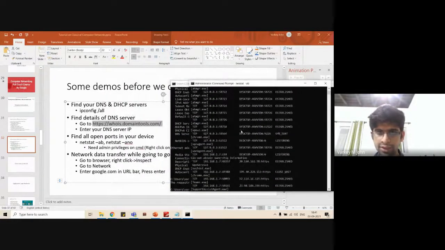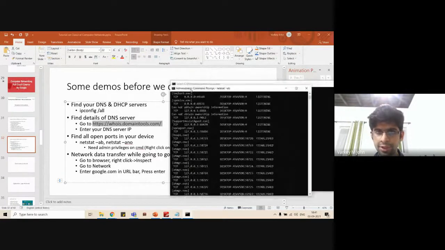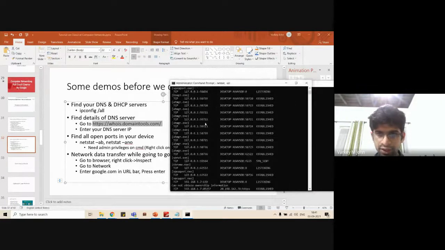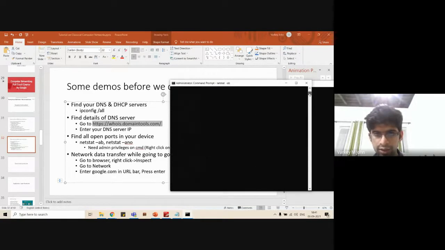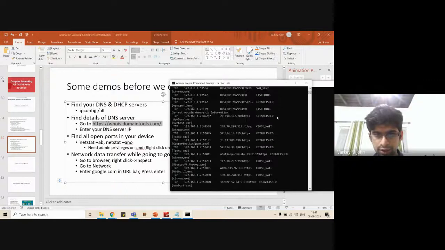You can see the services that each port is using as well. Like svchost is using port 135 and port 445, and Chrome.exe is using 49308 as a port.